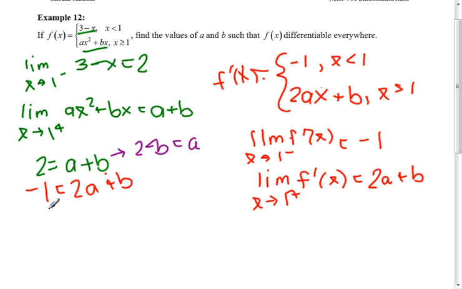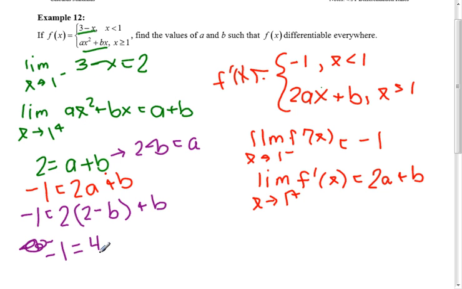Now just plug that in anywhere you see a. Negative 1 equals 2 times 2 minus b plus b. Use the distributive property. Oh, that's a negative 1 there. 4 minus 2b plus b.